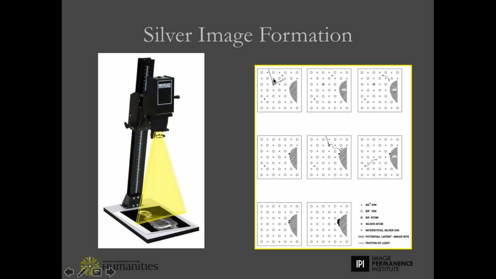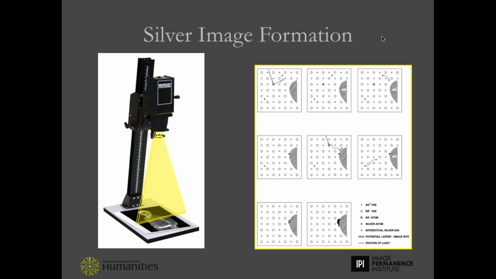So let's start here. The squiggly line is our light energy. The light energy bounces an electron off of our bromide ion. Remember, our bromide has too many electrons. The electron bounces out of orbit, away from the bromide, and it gets trapped in this defect here in the crystal. So remember, electrons have a negative charge.